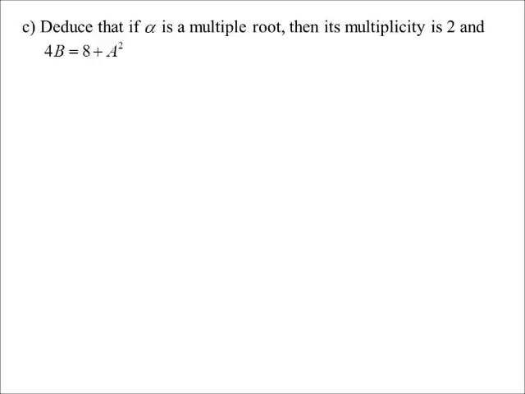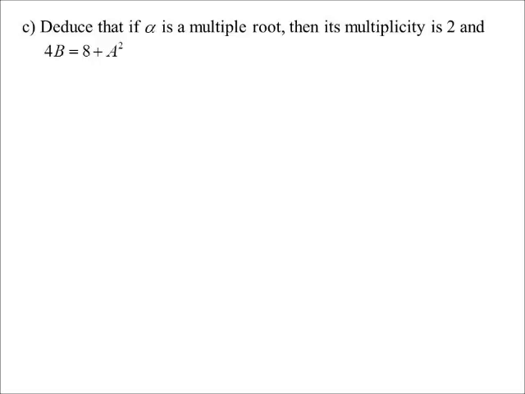So now we're going to deduce from that: if alpha is a multiple root, its multiplicity must be 2. But further, and more interestingly, we're also going to show that 4b is equal to 8 plus a squared. That's the more fun bit. If alpha is a multiple root, remember we said whenever alpha is a root, 1 on alpha will appear as well.